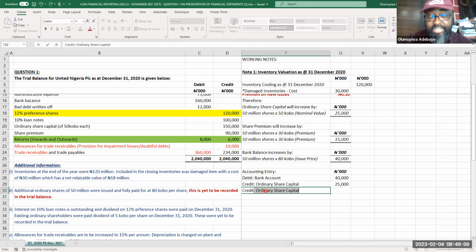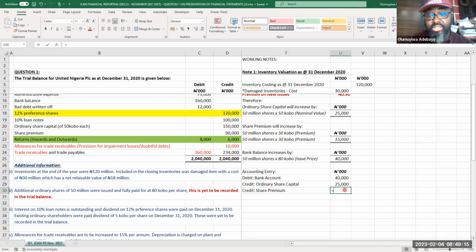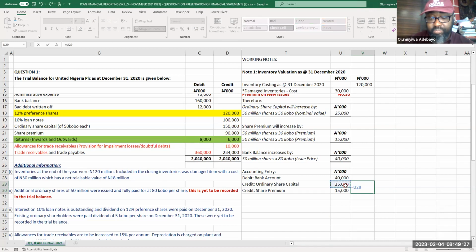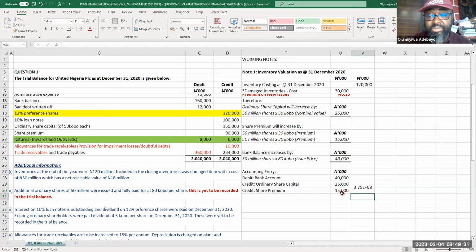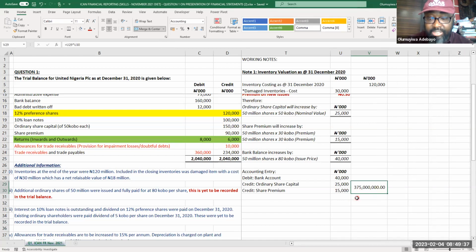And also we credit to make up for the balance, share premium. How much? 15. Therefore, you find out that the sum of credit is also 40. And that's what we mean by for every debit entry, there must be corresponding credit entry balance.